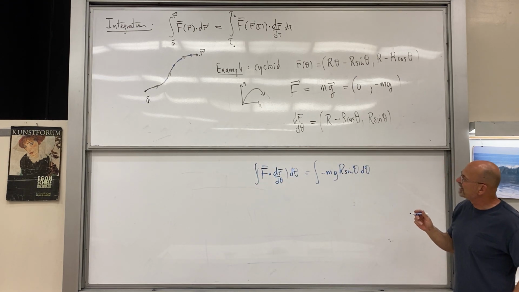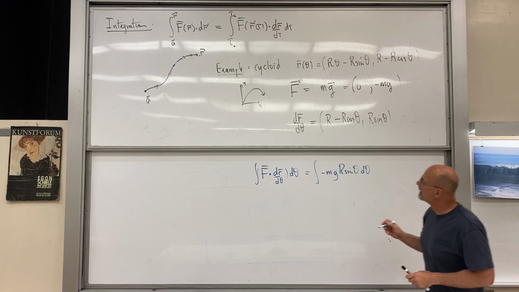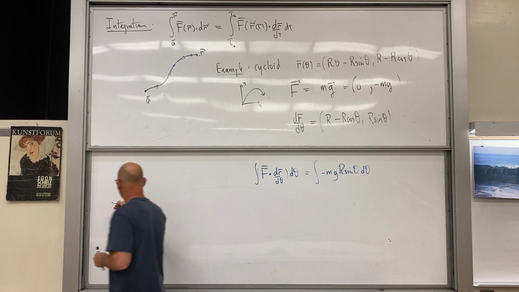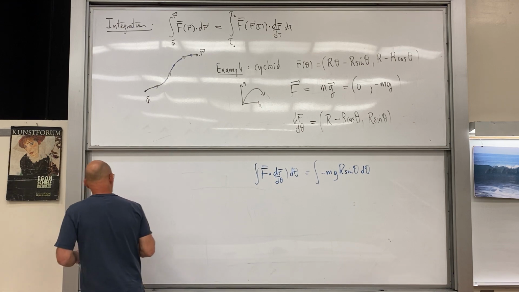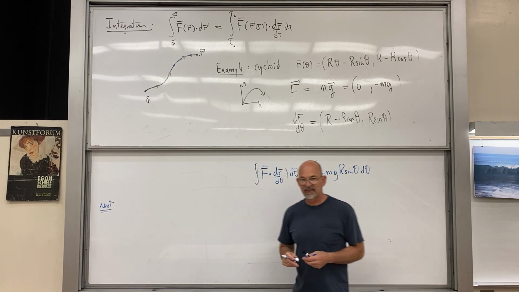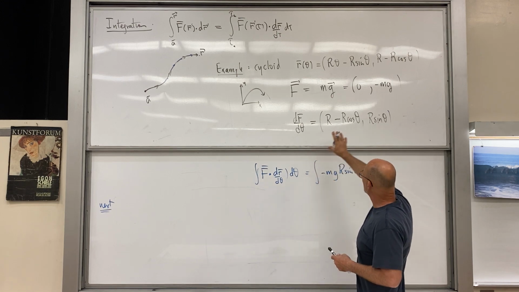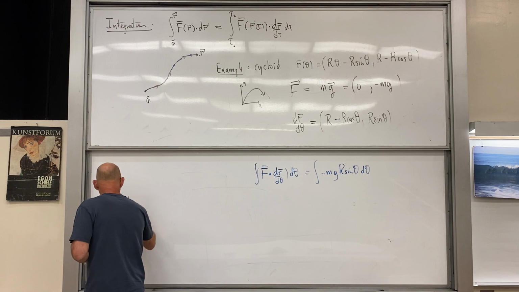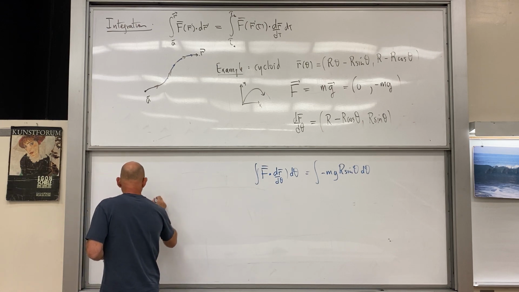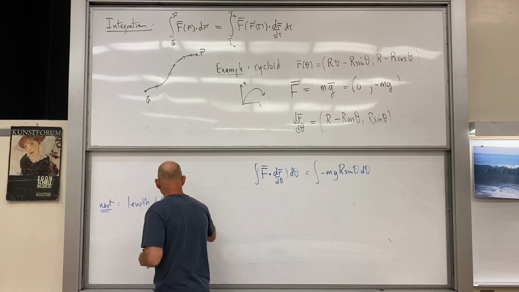Now here's a related integration. So next, a related integration is the length of a curve, and since we have our cycloid up here, let's do the length of the cycloid.